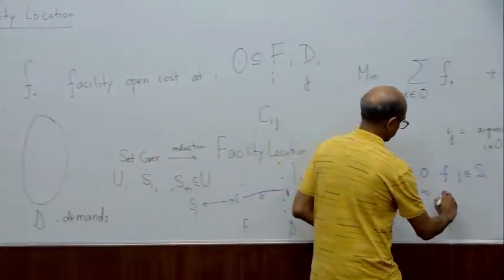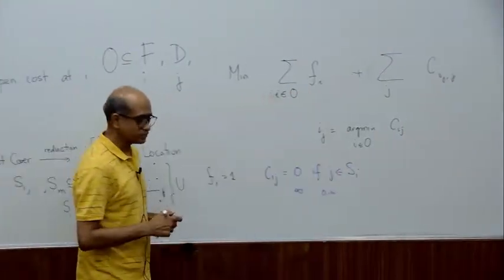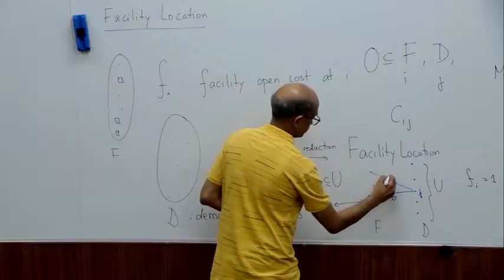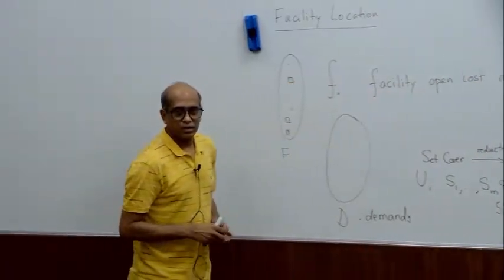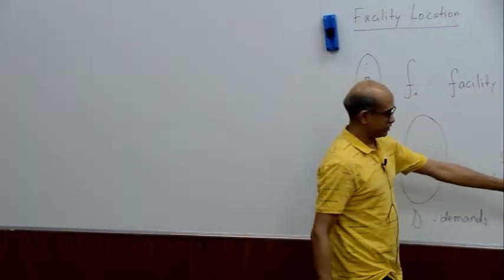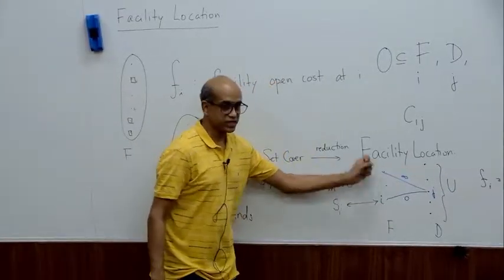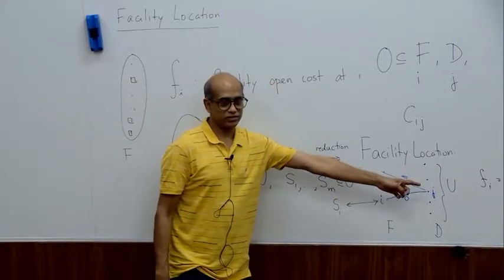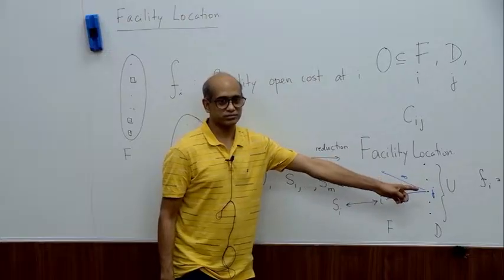So if you're not in that set, you're infinity. What that means is that for every point here, you must open a set here which contains that point. Otherwise you're going to pay infinite cost.